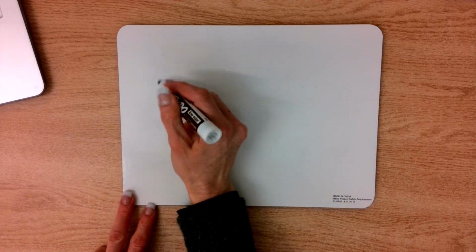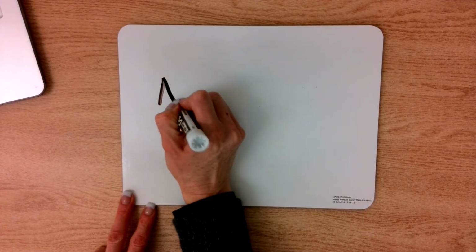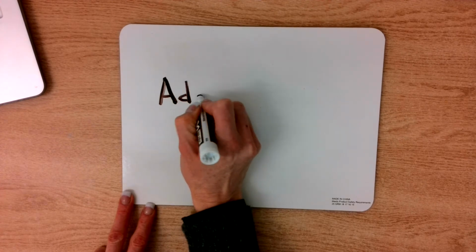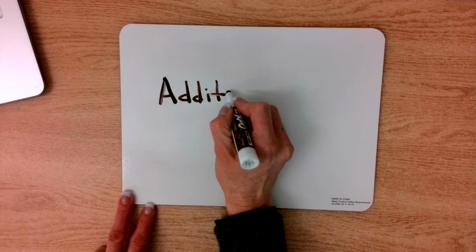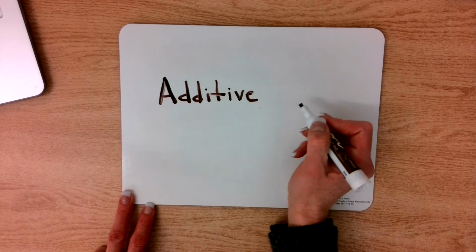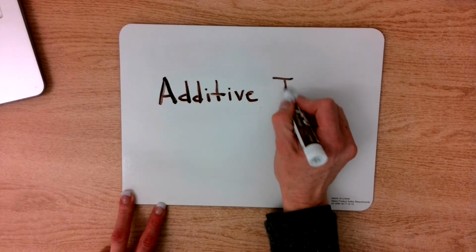So now let's talk about adding 0 to anything. So when you add 0 to anything, it's called the additive identity. So let me take my whiteboard and write that name down for you. So 0 plus anything is called the additive identity.